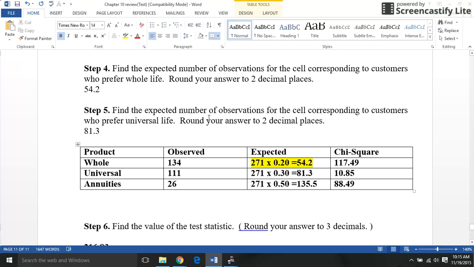Universal is the same, but the probability is 0.30, and annuities 0.50. The sample size stays the same, but your expected values are going to be different. So that's where I'm getting these expected values. The expected value for whole life is 54.2. For universal now, it's 81.3.